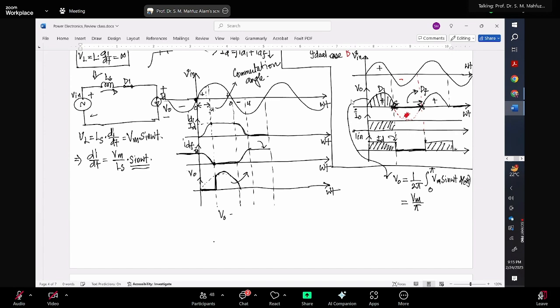Your V naught in this case, for the idealistic case where this value is Vm over pi, should be Vm over pi minus the area this much, divided by 2 pi, right?